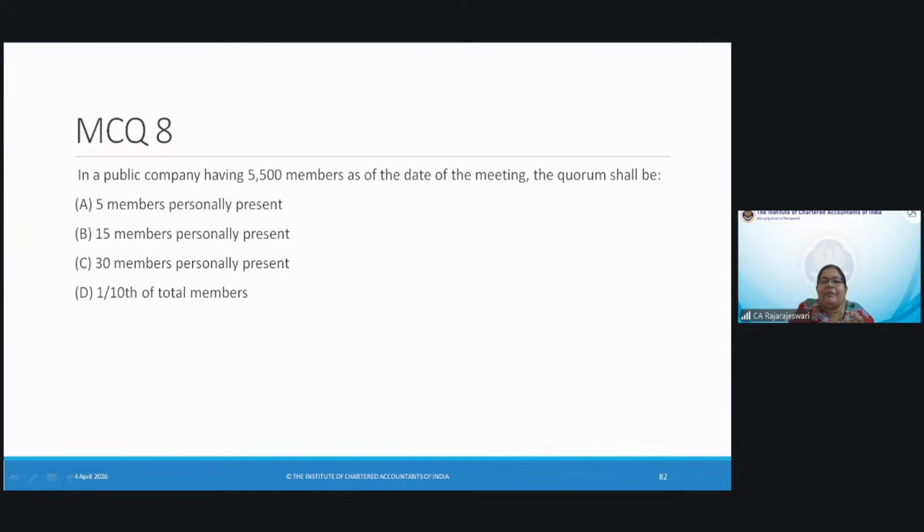Then, in a public company having 5,500 members as on the date of the meeting, the quorum shall be... So you should be thorough with the provisions of the quorum for a private company. You should remember the provisions. Members personally present.